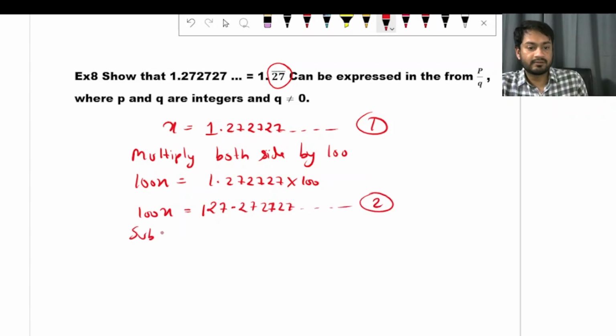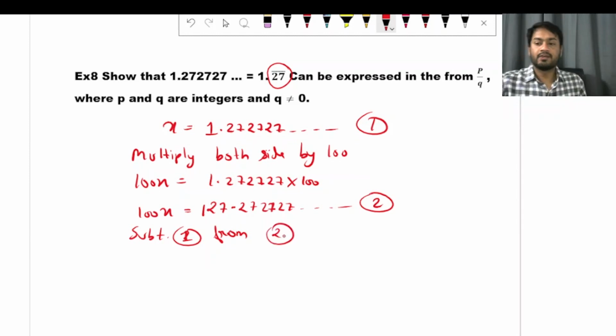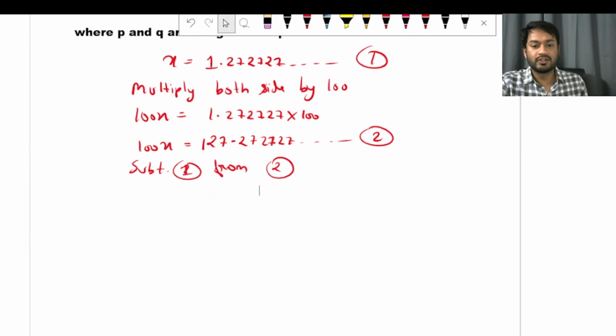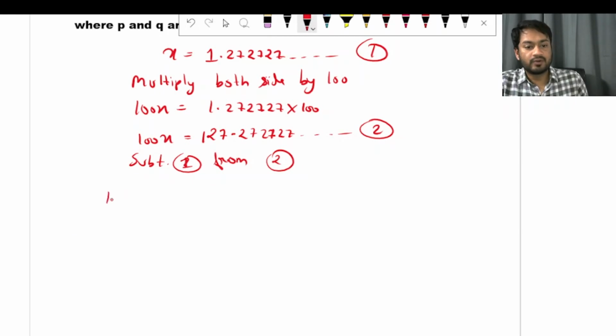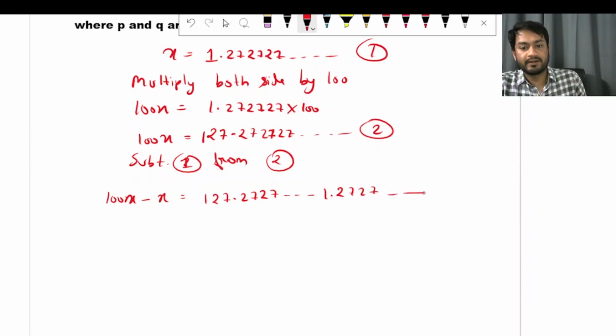Now subtract, same thing, subtract the first from the second. Okay students, if we subtract, what will you get? 100x minus x will be equal to 127.2727 dash dash minus 1.2727 dash dash.